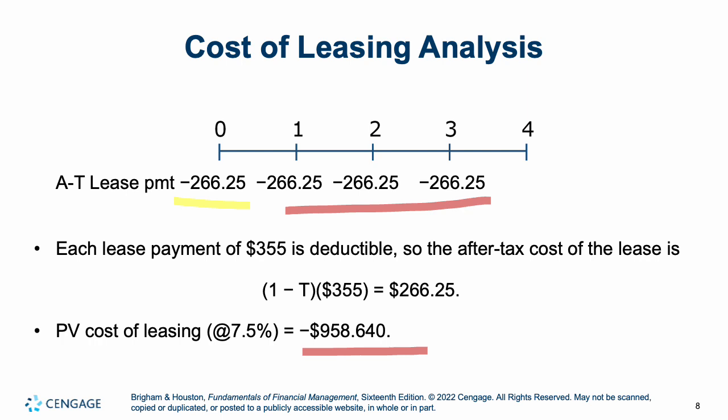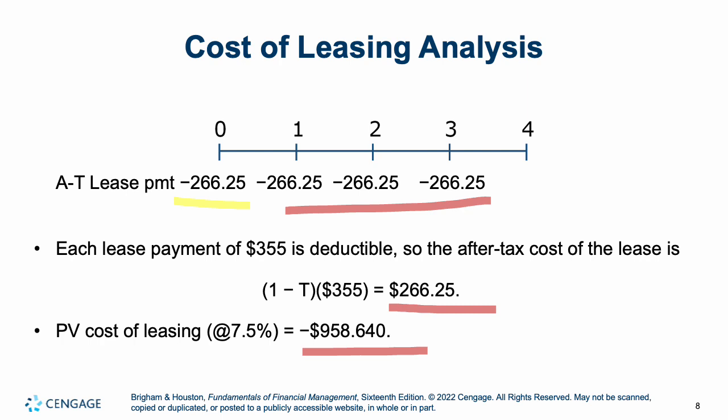Our tax rate here is the same because lease payments are also tax deductible, and as a consequence, that is why our lease payments, instead of the $355, effectively they're really only $266.25. So they are tax deductible as well.